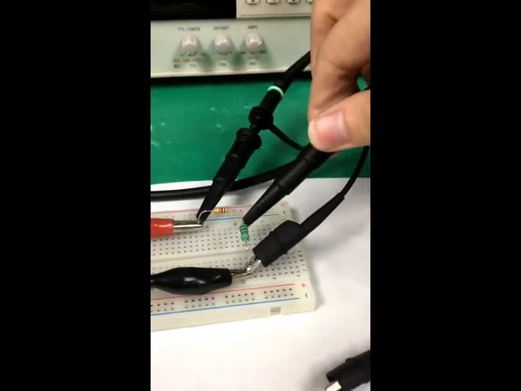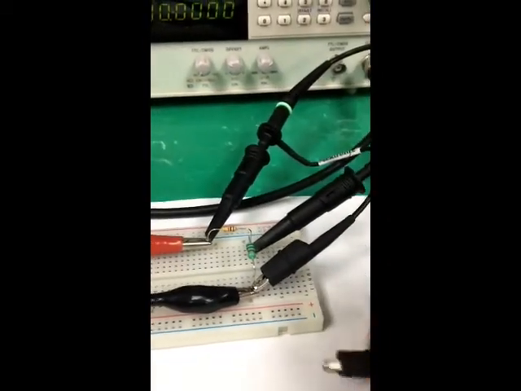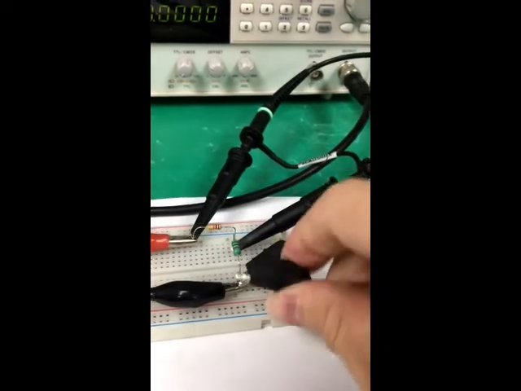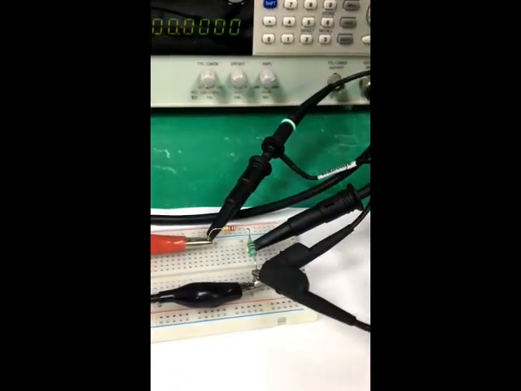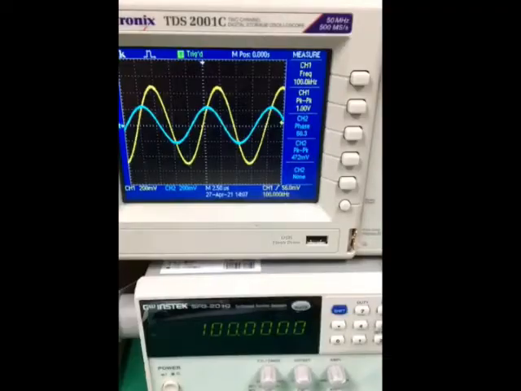Use oscilloscope channel 2 to measure the voltage across the inductor. The voltage across the inductor is about 0.532. And the phase difference between the source voltage and the voltage across the inductor is about 58 degrees.